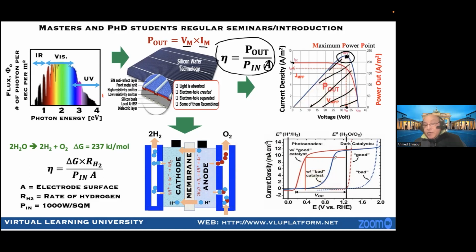And that's why, if you look at this curve here, what I plot here, the current in the vertical and the voltage in the horizontal, you see here that if you have a very bad catalyst, this curve here, what I show you, then you will lose most of the energy here that your solar cell delivers.